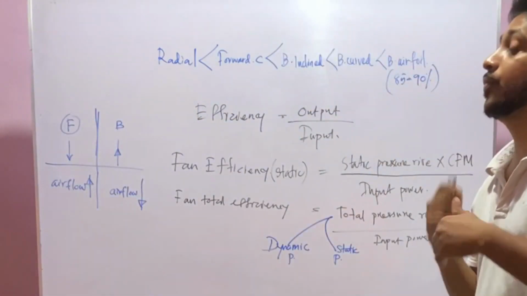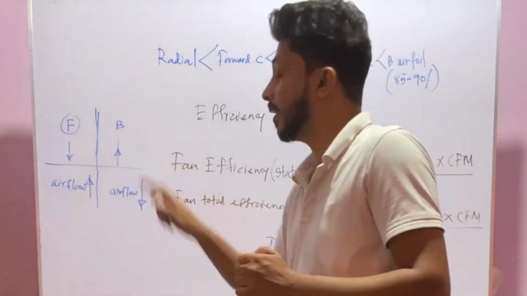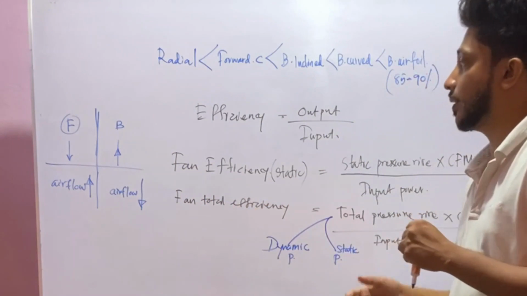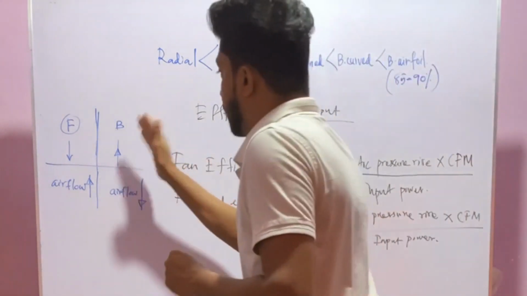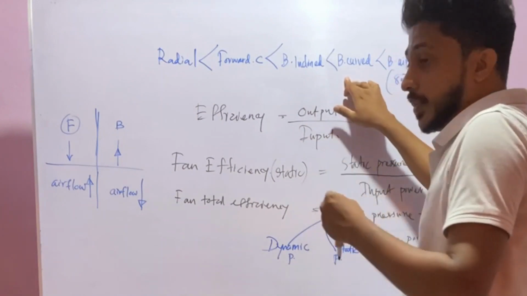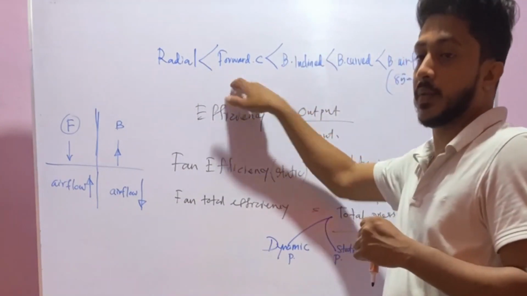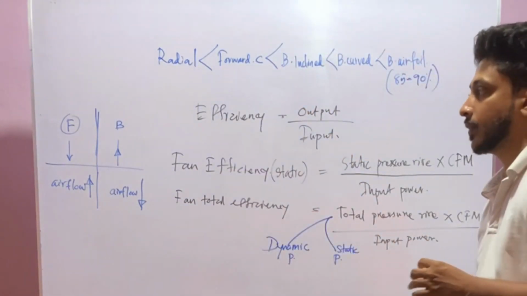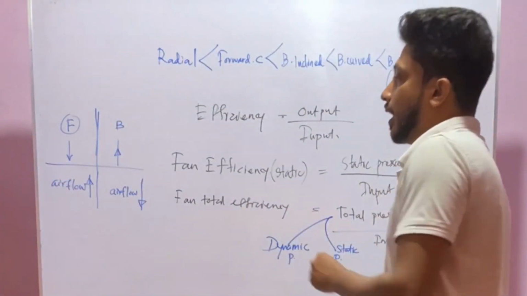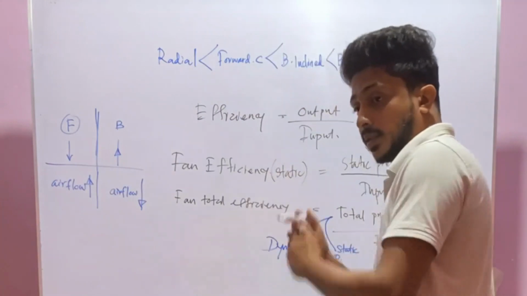Someone can say if the rotational speed is higher, that means more input power we should give to the fan. But still backward curve fan's efficiency is higher than the forward curve fan. What is the reason for this? Okay. This scenario can be analyzed like this also.